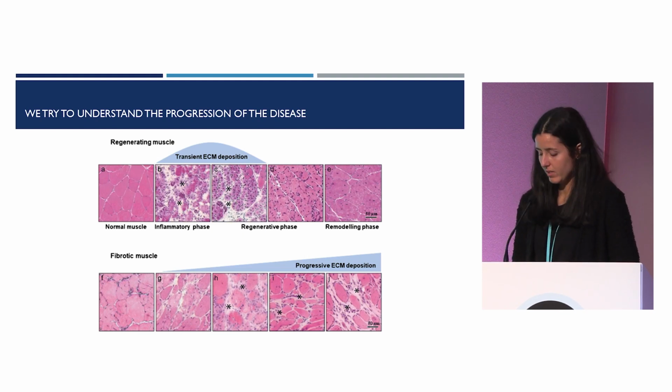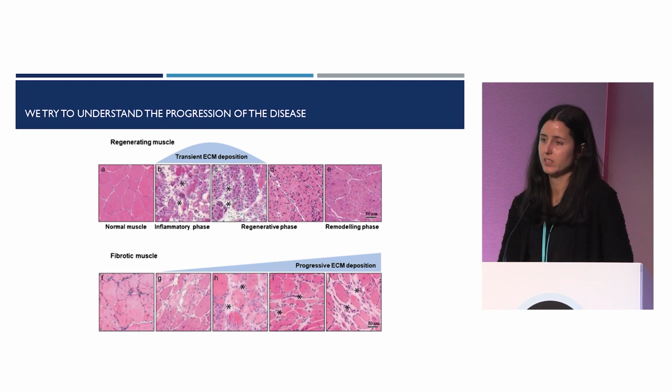So, for example, here on the top of the image, there is a representation of muscle slides of a healthy sample. So this muscle has had an acute injury that can be from doing a sport or doing another type of activity that creates an acute injury into the muscle.